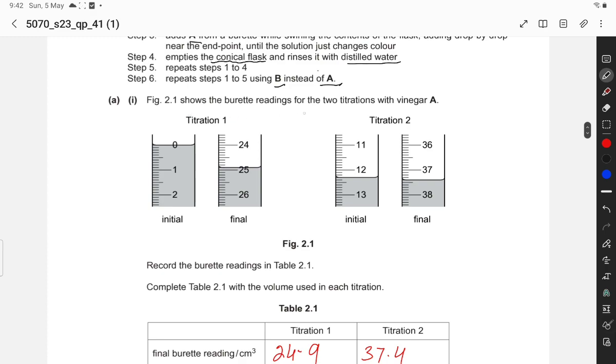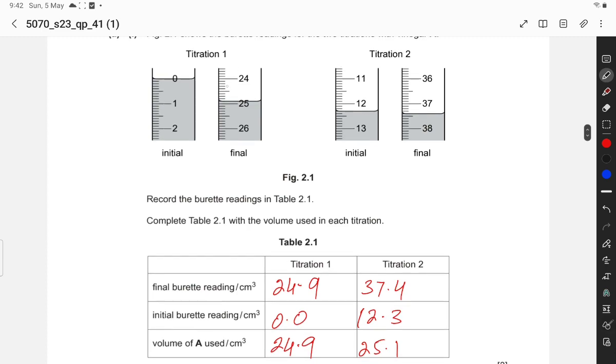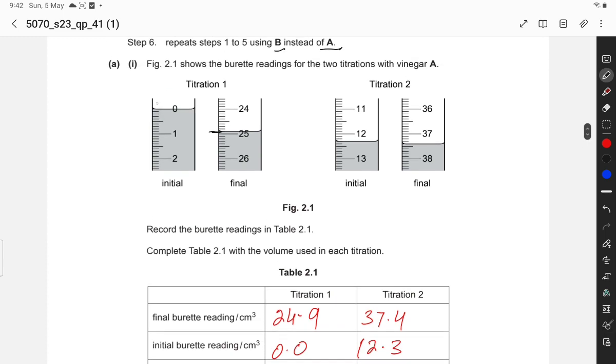Figure 2.1 shows the burette readings for the 2 titrations with vinegar A. This is the initial reading and this is the final. This is the initial of titration 2 and this is the final. In 2.1, the final burette reading is 24.9 and the initial reading is 0.0.